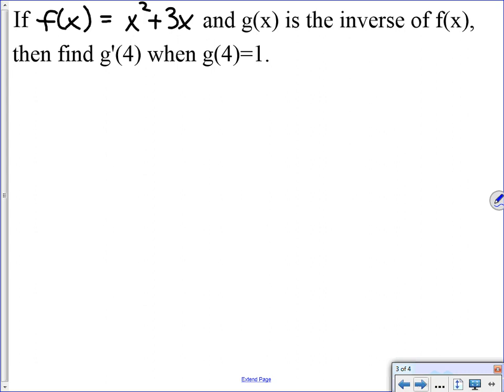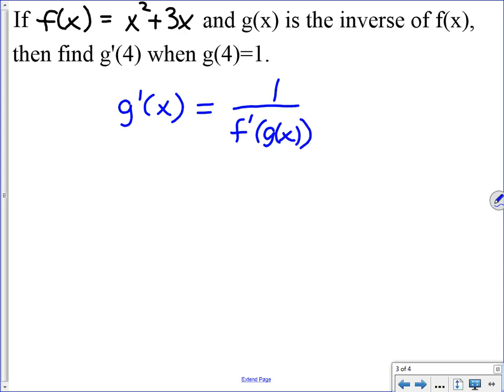In this example it says if f of x equals x squared plus 3x, and g of x is the inverse of f of x, then find g prime of 4 when g of 4 equals 1. If we use our rule, g prime of x, if g is the inverse of f, is equal to 1 divided by f prime of g of x. If we want to find g prime of 4, we're just going to replace x with 4.